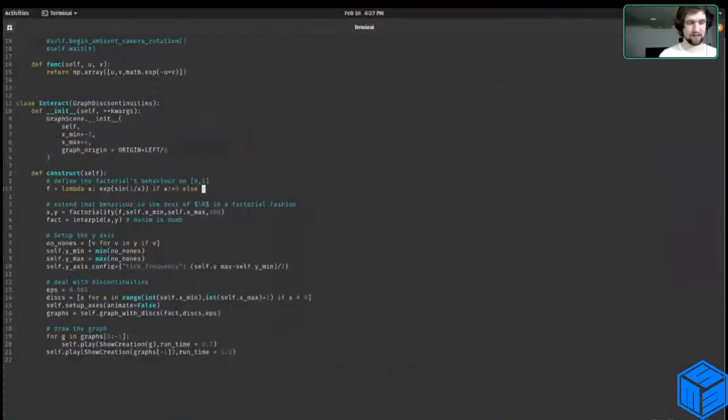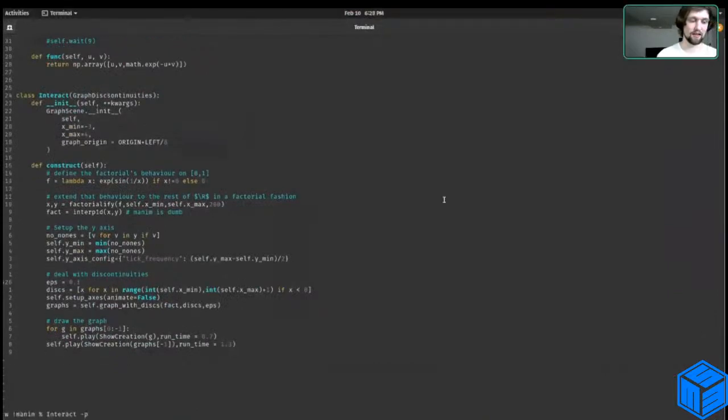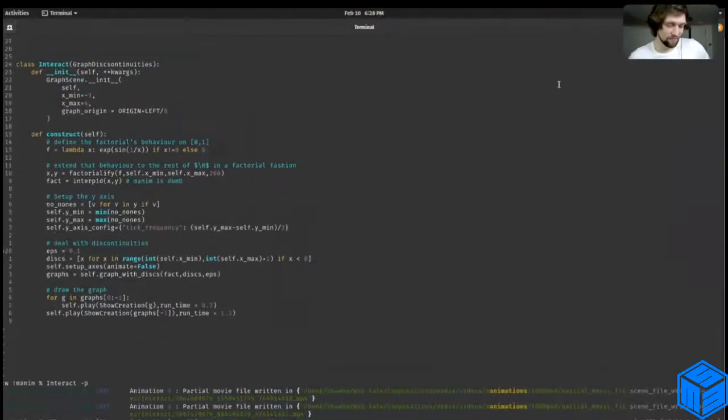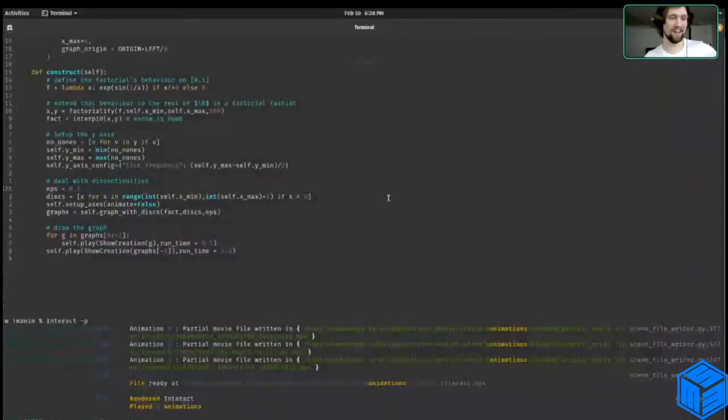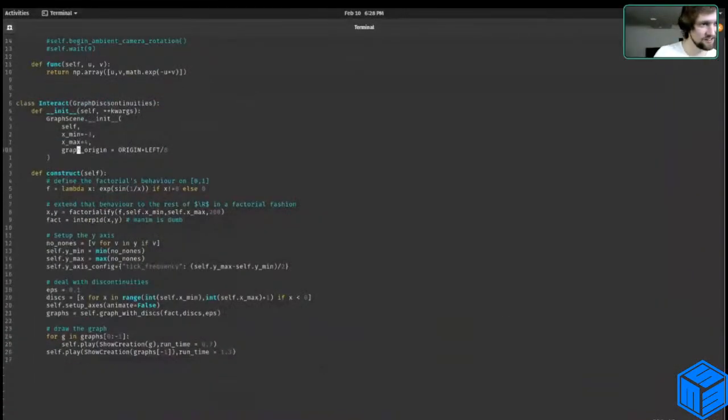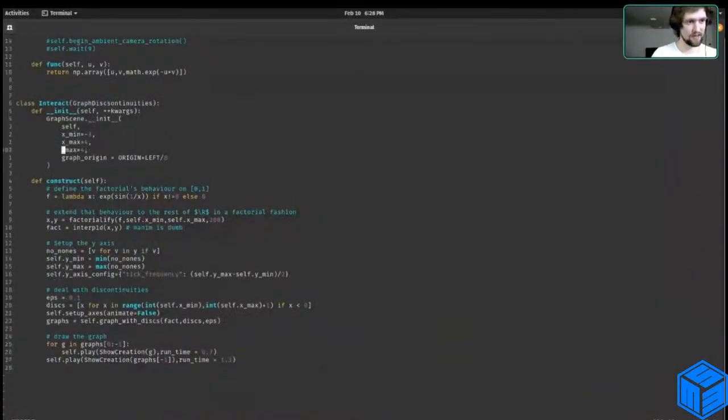I'm going to cut off earlier, before the discontinuities on the left, and see what Manim spits out for that. And then we hopefully see it. Oh, never mind. I have made an unfortunate mistake. I want the y max to be, let's say, 10 for now.